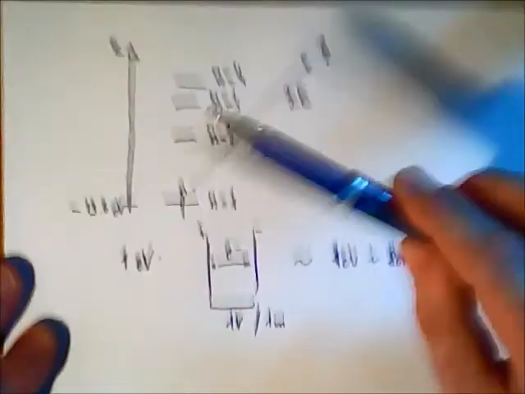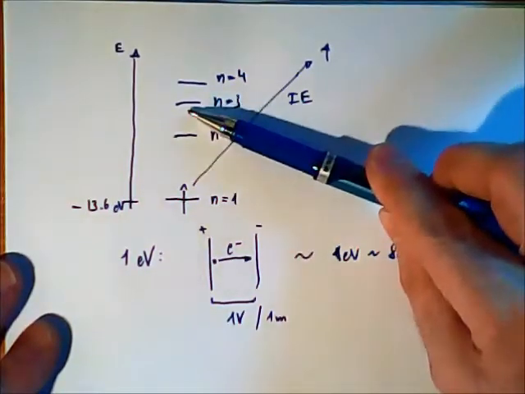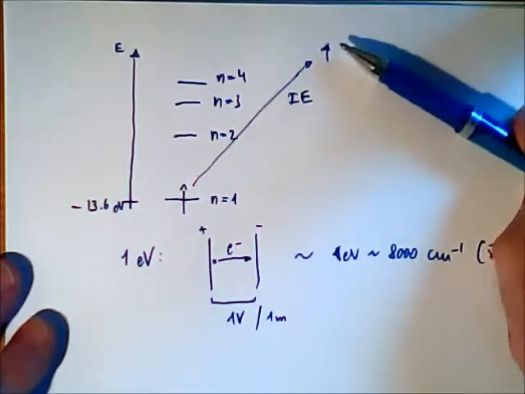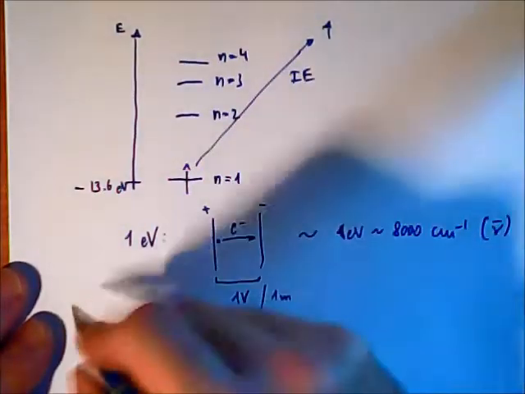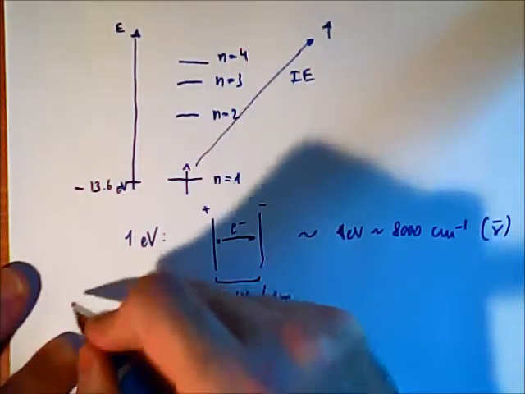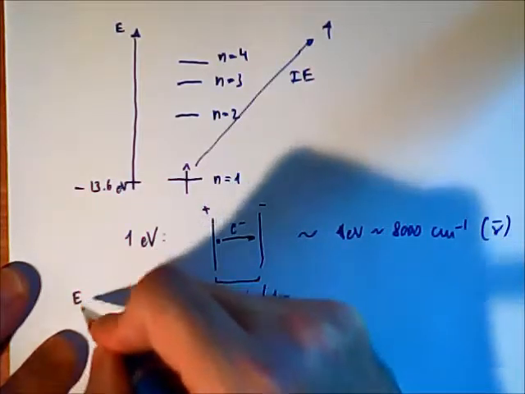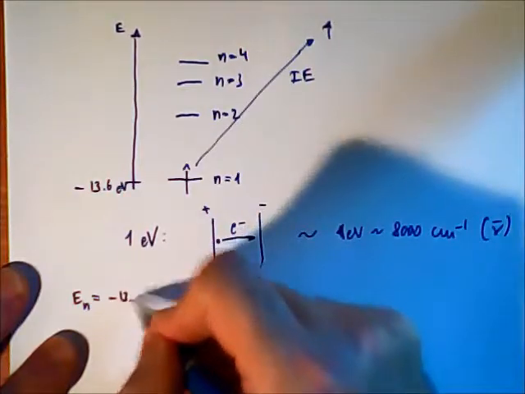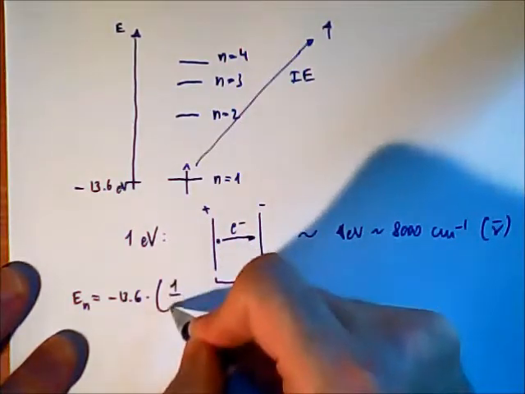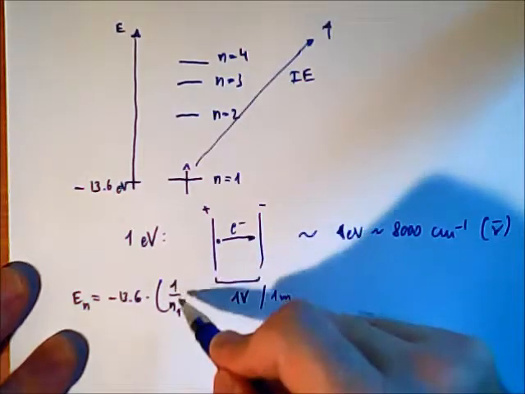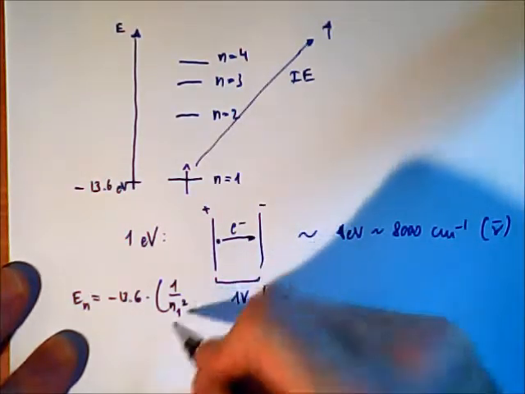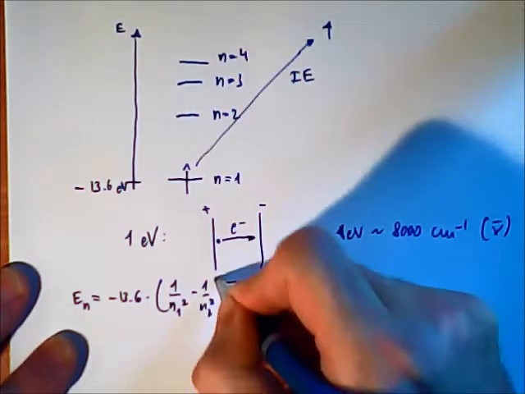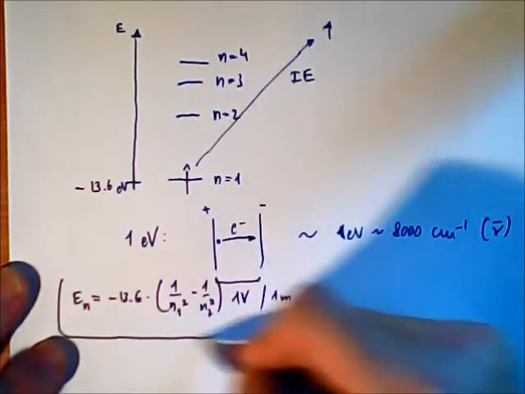Okay, so now we can find out the energy levels for all these orbits until the electron completely leaves the atom, and we can even develop a formula: these energy levels are exactly 13.6 electron volts times 1 over n1 squared, where n1 is the level where the electron will come down, minus 1 over n2 squared.